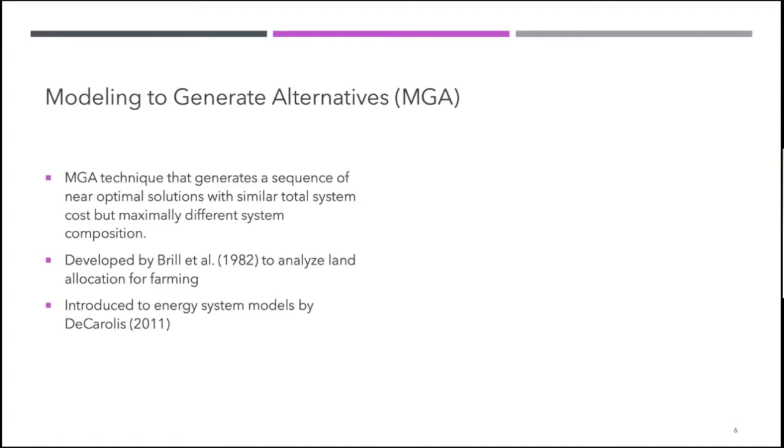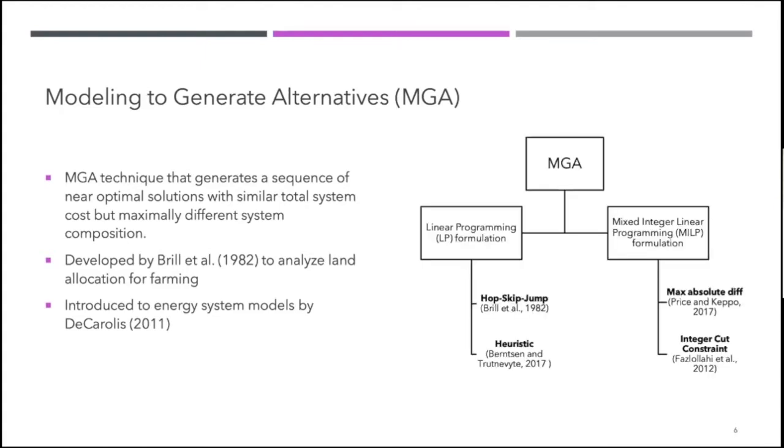We divide the existing formulations into two groups. One is the linear programming formulation, and the second one is mixed integer linear programming formulation. So we are going to talk about these four formulations today.